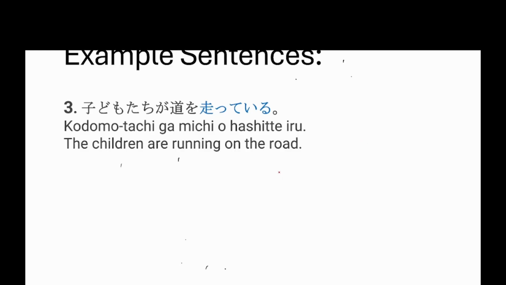So how can we transform hashiru into the plain present progressive form? Okay, so hashiru is a Godan verb that ends in ru.